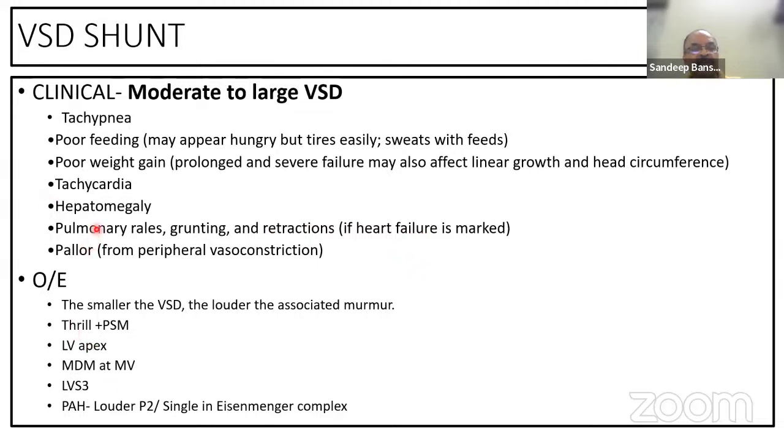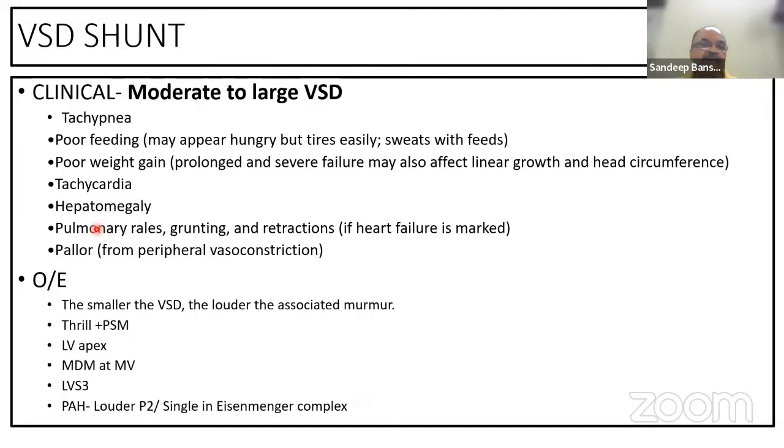So on examination, we discussed the entire spectrum of the size of VSD. Typically, if the VSD is minuscule, very small, 1 millimeter maybe, or something that can be missed even on echo at times if it is hidden, then the murmur may be a very, very small murmur.